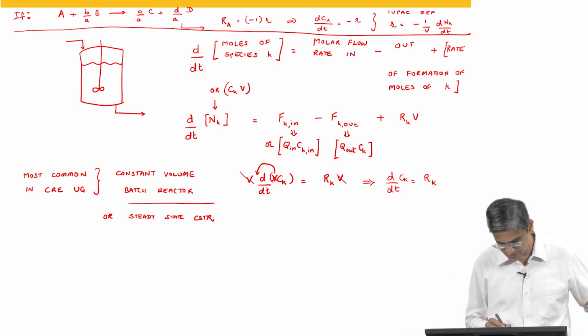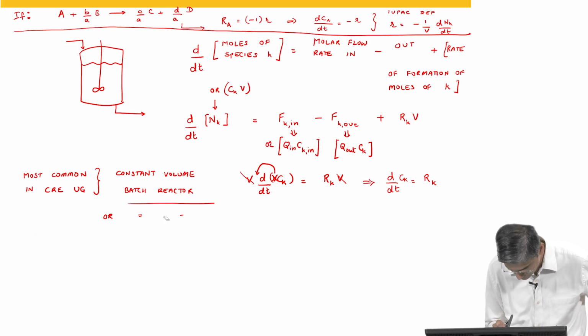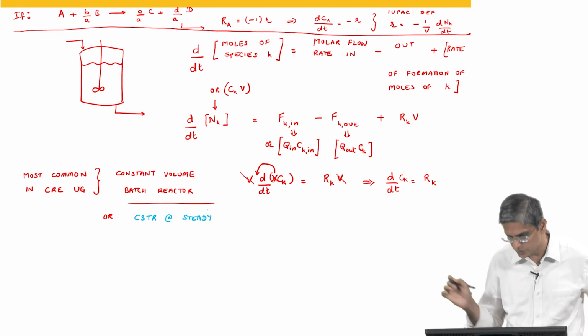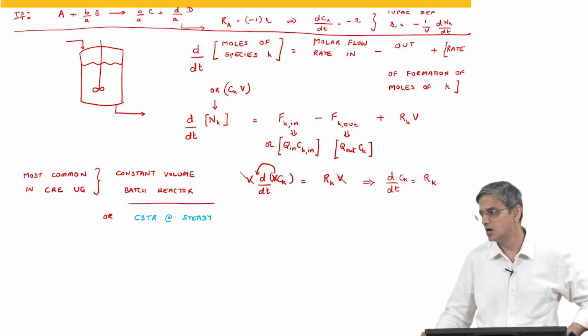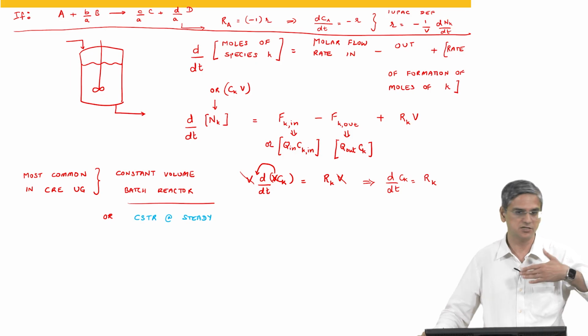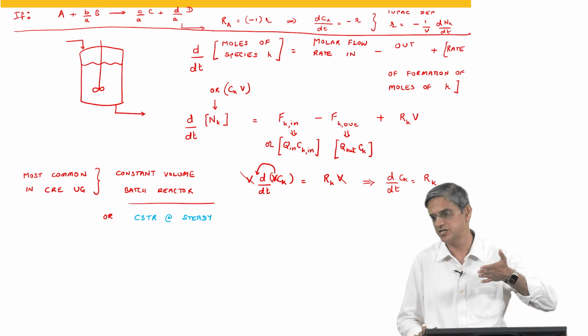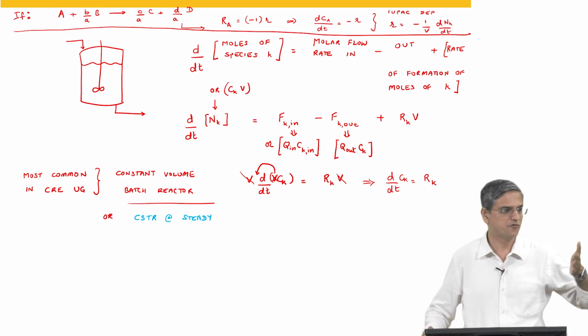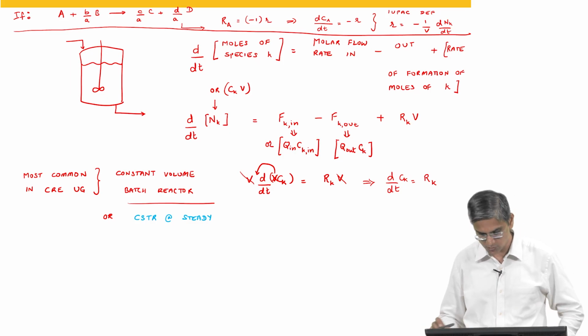Okay. What if it is a steady state CSTR? Steady state CSTR, you also have to satisfy the mass balance. The mass balance is dm by dt, or d rho V by dt, equal to mass in minus mass out, or dV by dt is volumetric flow rate in minus volumetric flow rate out. And if V cannot change, then Q in has to be equal to Q out, and that was what was used.